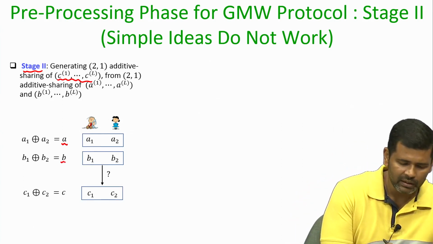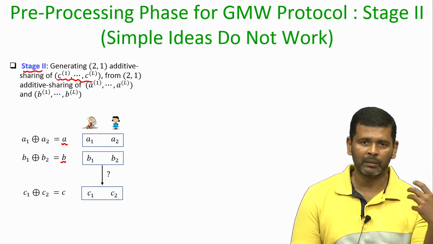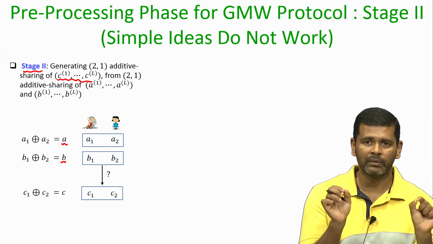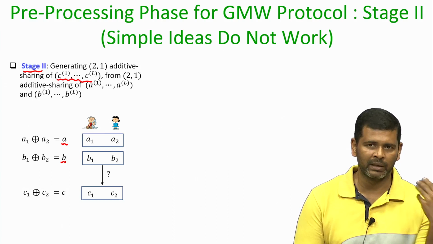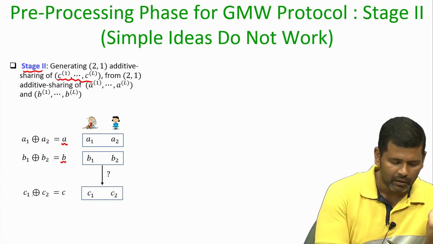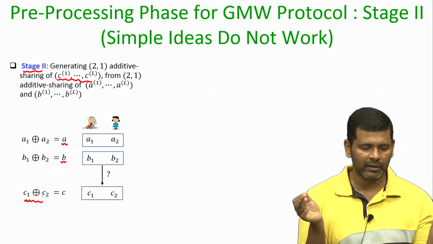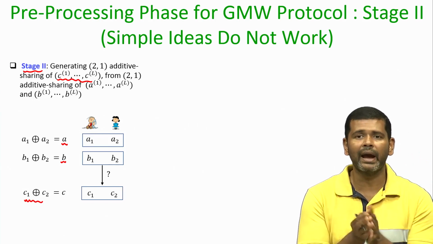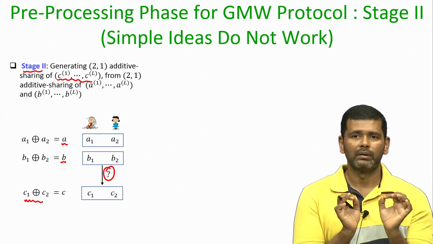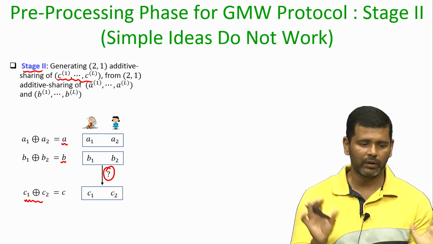In the same way, there is a uniformly random bit B generated by running the protocol rand extract, and both parties P1 and P2 have their respective bit shares of B. Now somehow they want to interact and obtain bit shares C1 and C2 that XOR to C, where C is the AND of A and B, and in this process nothing about the exact value of A or the exact value of B should be revealed. That is what we want to ensure.